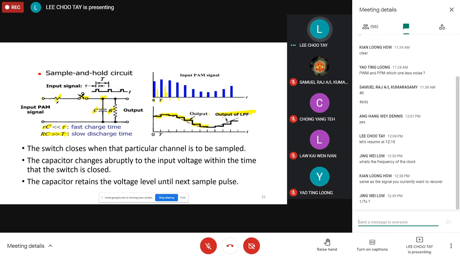So basically, this sharp transition here is your high frequency component, isn't it? So you smoothen it, you smoothen the sharp transition and reproduce your output signal. Again, there's the analog signal, the more gradual waveform. It's no more staircase.